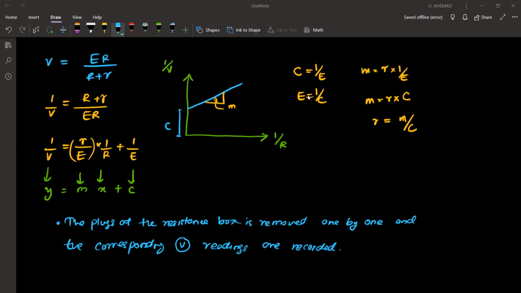How about a rheostat? Are we able to use a rheostat here? Can we use a rheostat for this experiment?